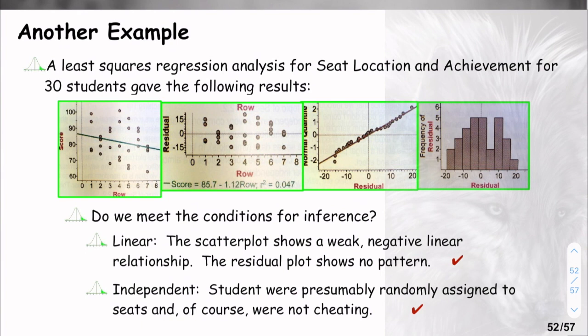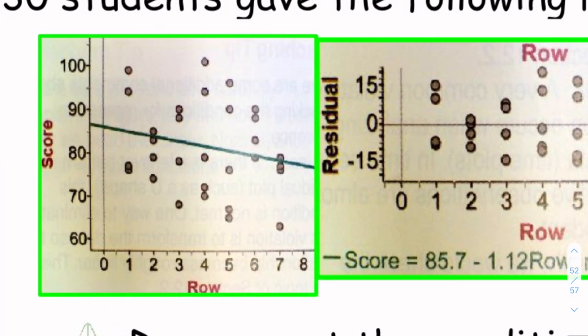A least squares regression analysis for seat location and achievement for 30 students gave the following results. So we have 30 students, so our n is 30. Now, we have our scatter plot, which shows a somewhat weak relationship.